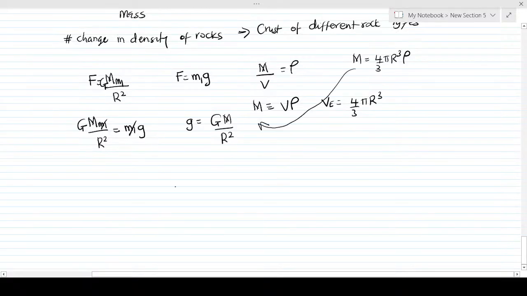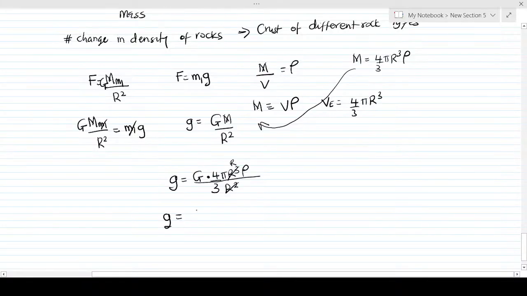Now I can replace this into this equation. So g is equal to capital G multiplying 4/3 πr³ρ divided by R1 squared. So this will cancel two of these, and we will be left with r.